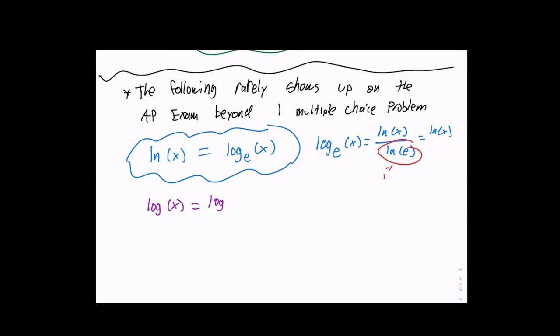It's a number like e. 10. It's log base 10. We're talking about algebra here. So it's log base 10 of x. Following the pattern, log base 10 of x can be rewritten as the natural log of x over the natural log of 10.